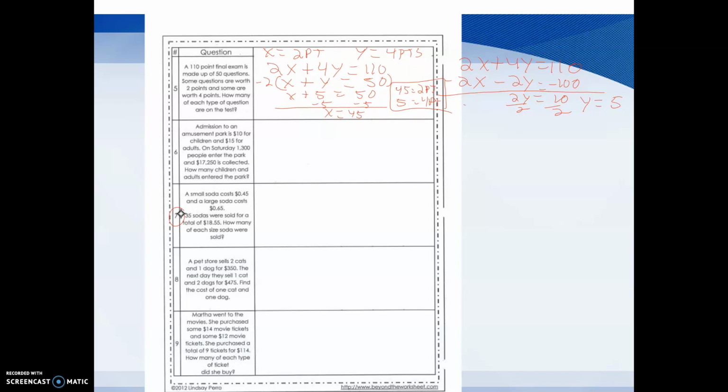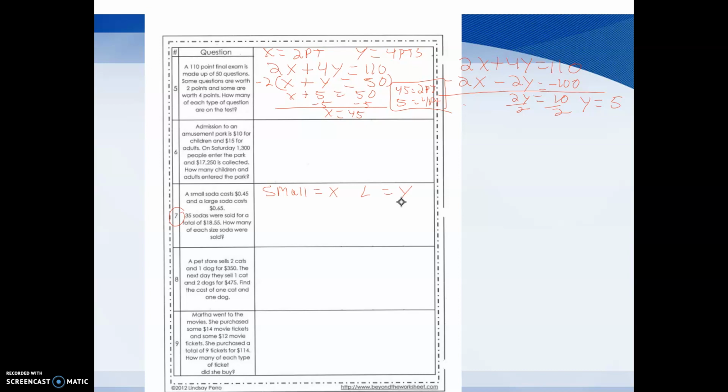We have small sodas and large ones. We have the small ones, which I'm going to call X, all right? So the small ones are the X. Okay. Then we got the large ones, so obviously let's call the large the Y. And we have 35 sodas in all, and they cost $18.55.